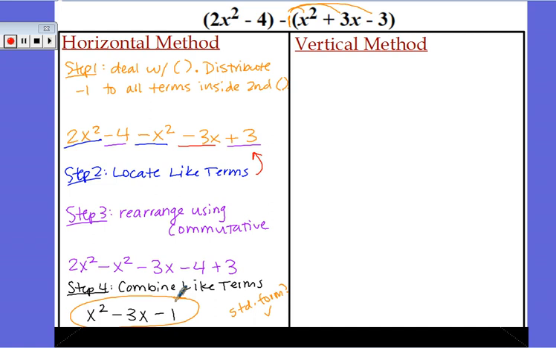Right, the vertical method, again, is similar to subtracting big numbers in elementary school. So it's similar to the addition method, except we're subtracting. Typically, what I like to do first here is distribute the negative 1 first.